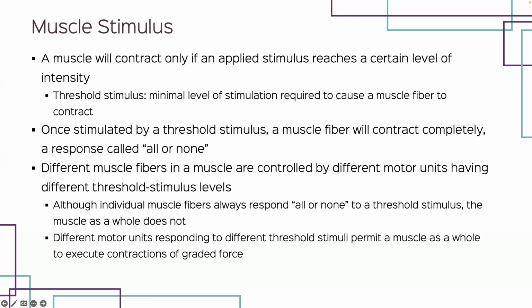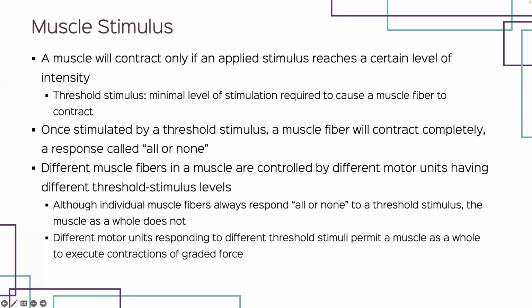In a lab setting, a single muscle fiber can be isolated and subjected to stimuli of varying intensities so that it can be studied. Such experiments show that a muscle fiber does not contract until an applied stimulus reaches a certain level of intensity. The minimal level of stimulation required to cause a fiber to contract is called the threshold stimulus.